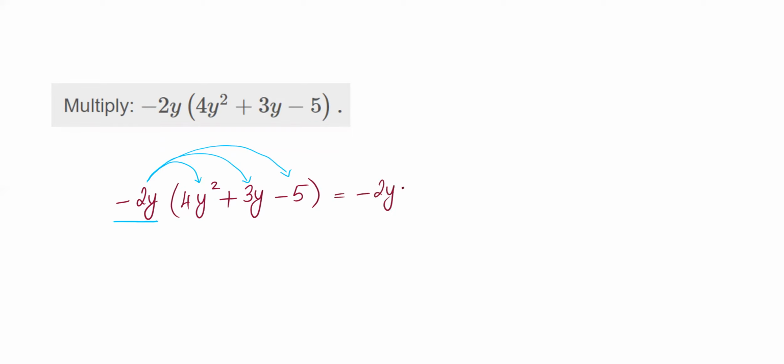Minus 2y times 4y squared plus, I'm going to keep the sign inside the parentheses as it is, okay, minus 2y. You can't put a plus and a minus next to each other, so I put a parentheses to kind of break that, times 3y. And then you have a minus in the sign here inside the parentheses. I'm going to keep that, minus 2y times 5. You could do that, or you could put the plus and then keep the minus 5 inside.